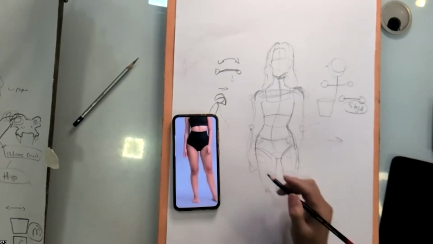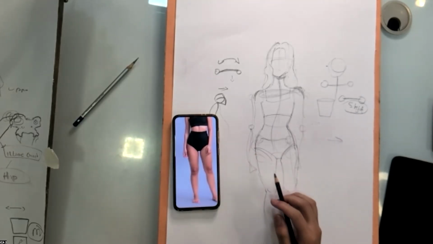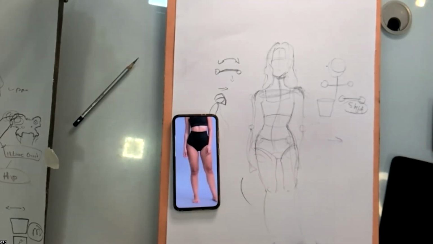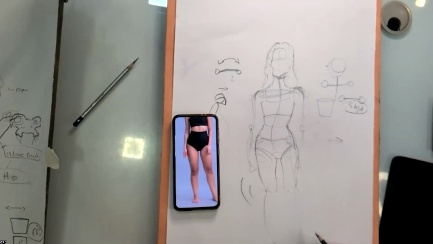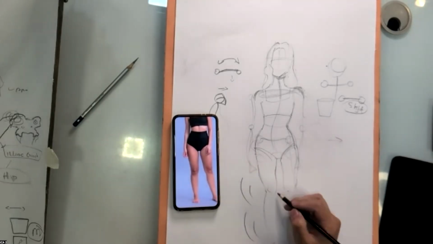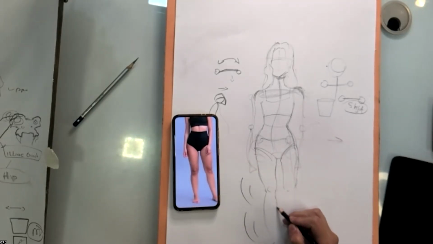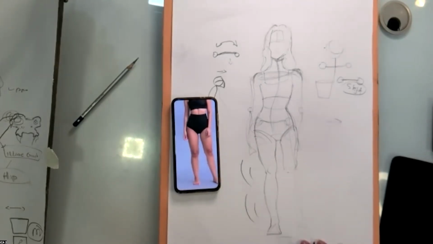The hip, and the same thing applies as well. If it's curved on one side, on the other side it has to be curved. See, we're trying to use that principle. Right?